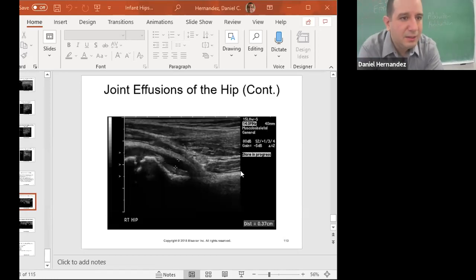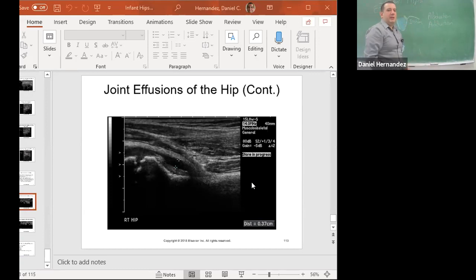So this was that MSK exam that I was showing you here in the lab with these hip ultrasounds to rule out effusion. Again, this is going to be the shaft of our femur, or femoral head. We're looking for effusions in this space.